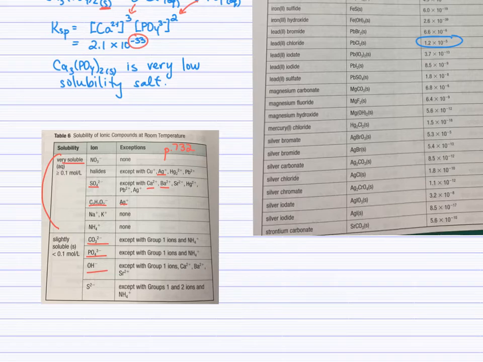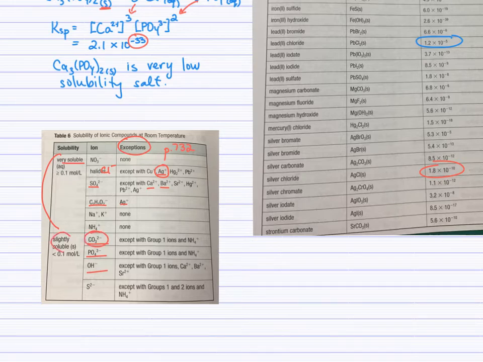So, for example, there's silver chloride. And look at the value of KSP, times 10 to the negative 10. It's telling you it's a very low solubility salt. And that is consistent with the exception, right, to being very soluble, that the silver ion together with the chloride would form a precipitate. You'll also see carbonates.